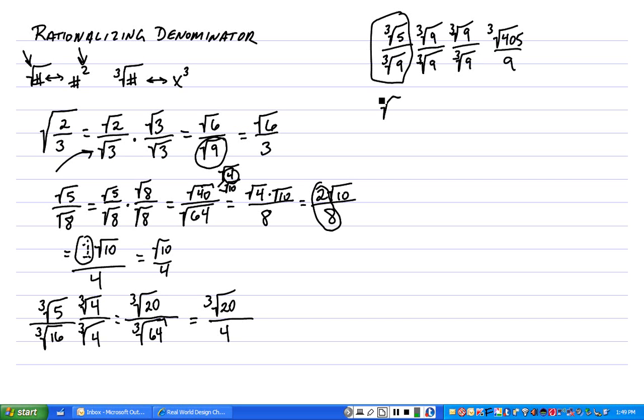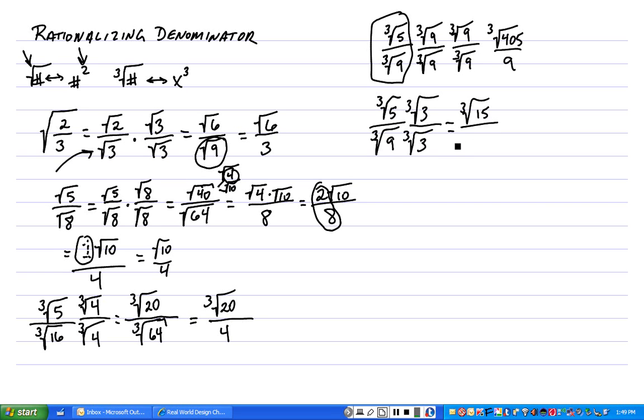So this problem could have also been handled by just saying 9 times cube root of 3, because 9 times 3 is going to give me 27. Alright, whatever I do in the denominator, I do in the numerator. So here I end up getting, what is this, cube root of 15 up here.